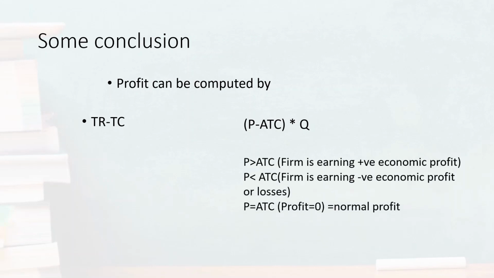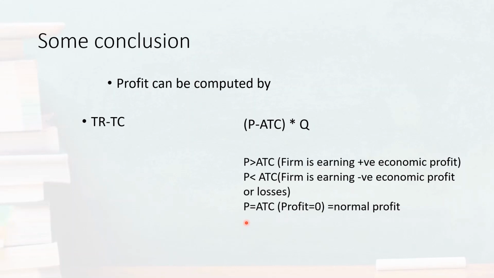Whenever the price is greater than the average total cost, it means that the firm is earning positive economic profit. On the other hand, if the price is lower than the average total cost of the firm, then the firm is going to face losses or have negative economic profit, which means that the firm's revenues are lower than its cost.